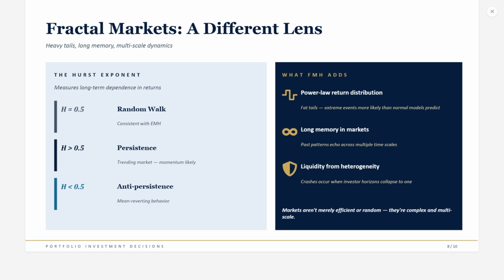What FMH adds is power-law return distribution and long memory in the market. Liquidity also rises from heterogeneity. That concludes that markets aren't merely efficient or random, they are complex and multi-scale.